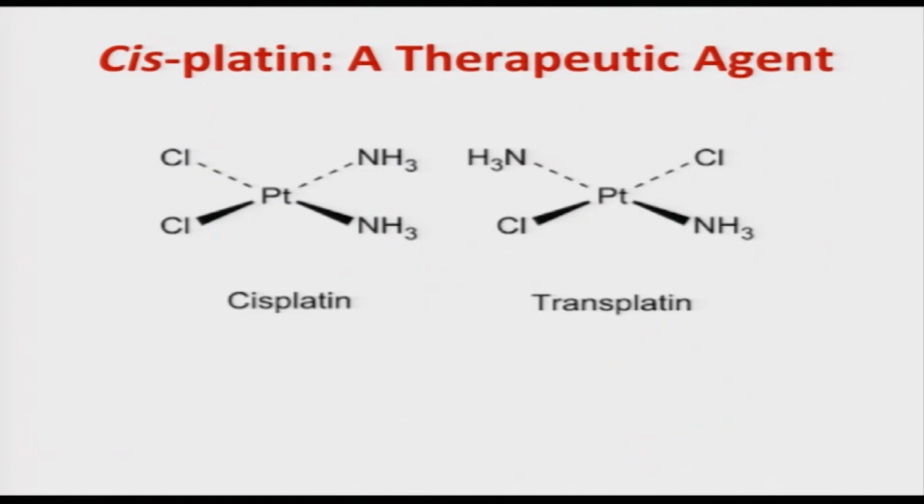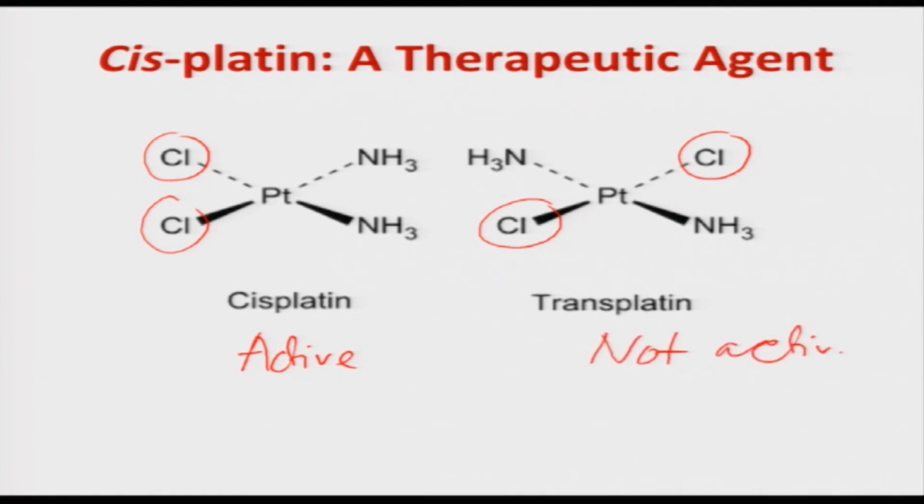Now, cisplatin, as I have said, is a therapeutic agent. This is the structure of cisplatin, where the 2 Cl are in a cis position, and transplatin, where the 2 Cl are in a trans position. They are structurally very similar. However, cisplatin is an active anti-cancer agent, whereas transplatin is not active.